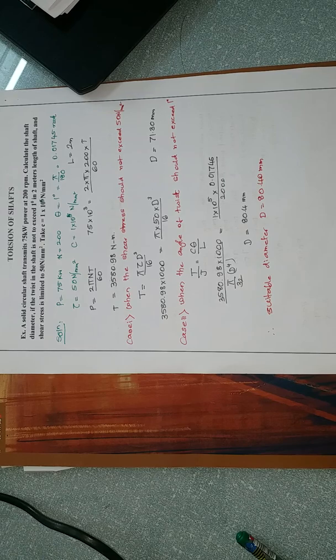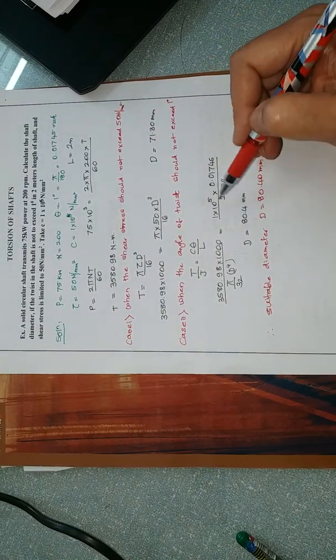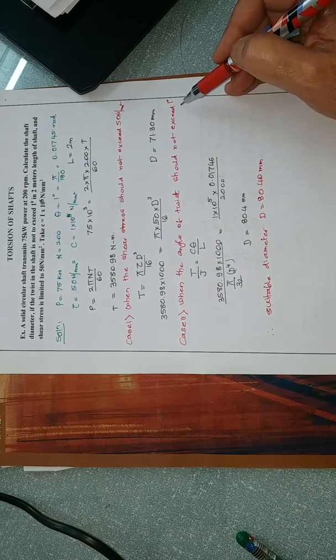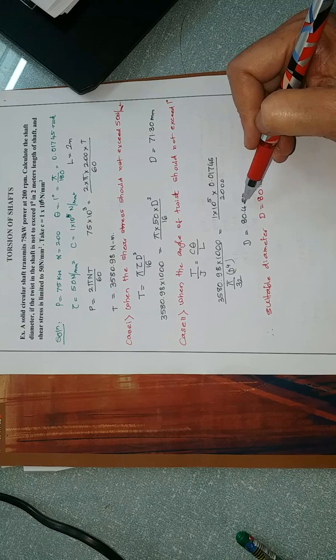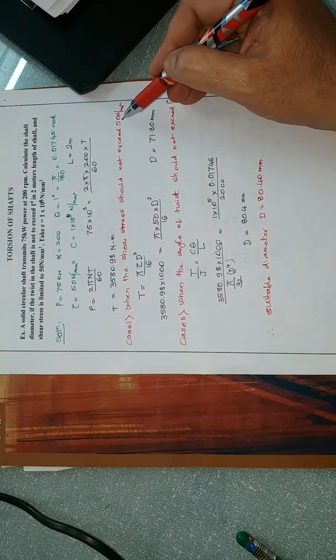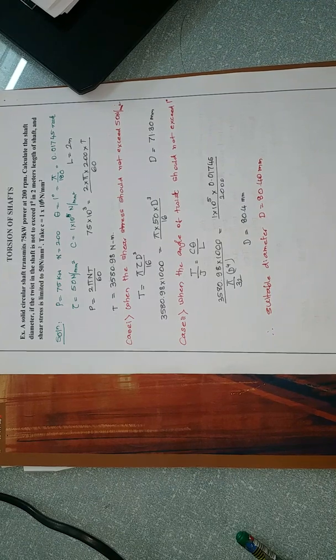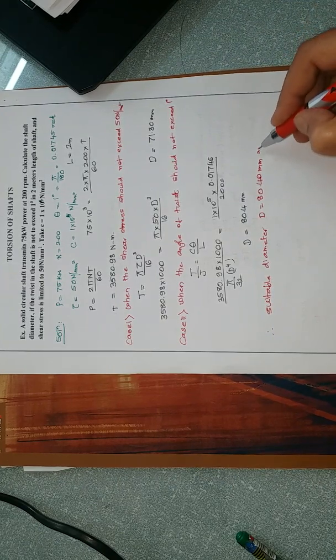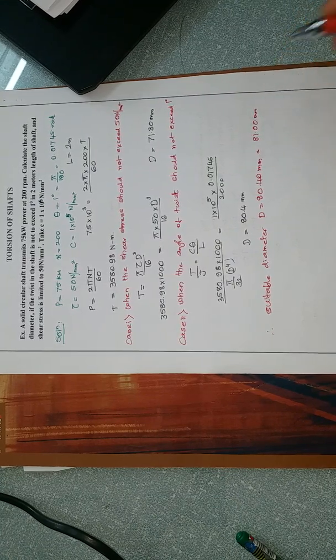If you provide 71.3 mm, the angle of twist may be more than 1 degree. Then if you provide the diameter as 80.4 mm, shear stress will be less than 50 Newton per millimeter square, which is required. So this you can round it to 81 millimeter. Okay. Thank you.